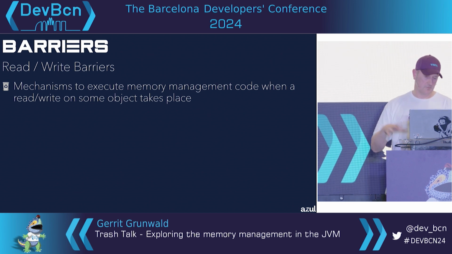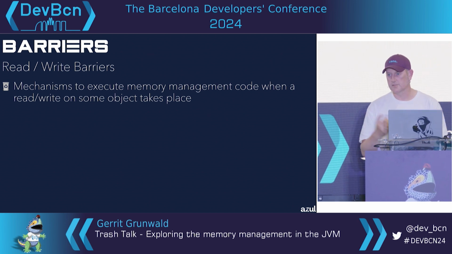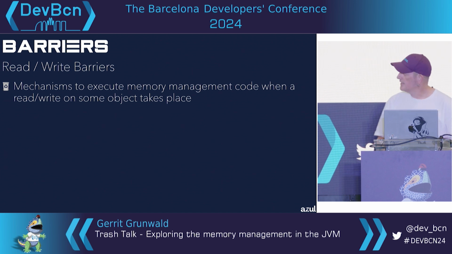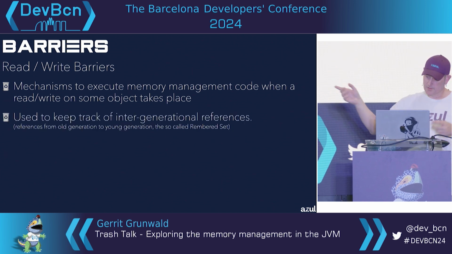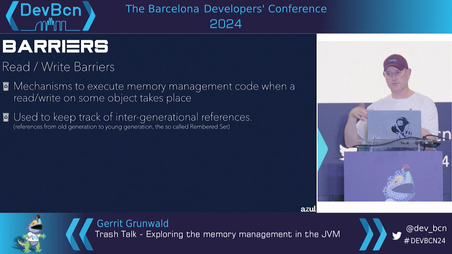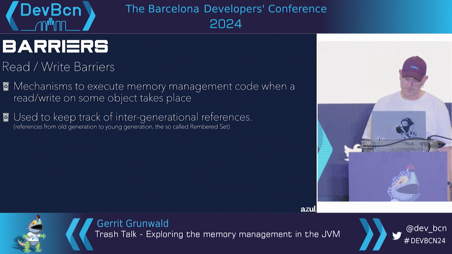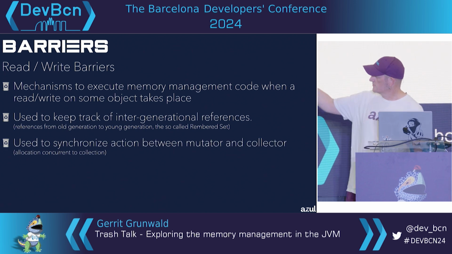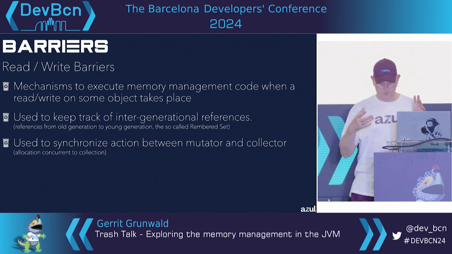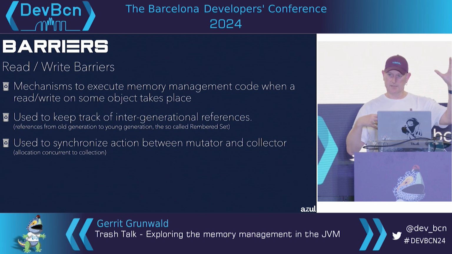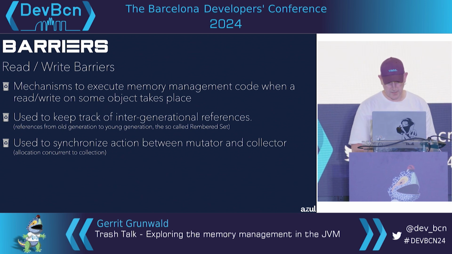What you do in this code is up to you, right? Or the garbage collection developer. And you can use that to keep track of intergenerational stuff, right? The things that we saw with the card table, you can also use barriers to do that. You can also use it to synchronize the action between the allocator and the collector. That's the idea behind it.